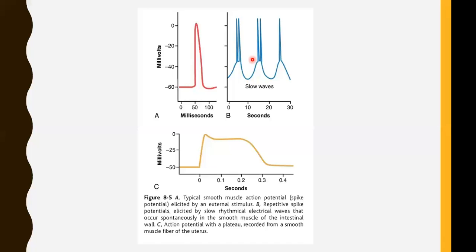The depolarization is not strong enough to create an action potential, or to be transmitted, or to cause contraction. This is called the slow wave rhythm.